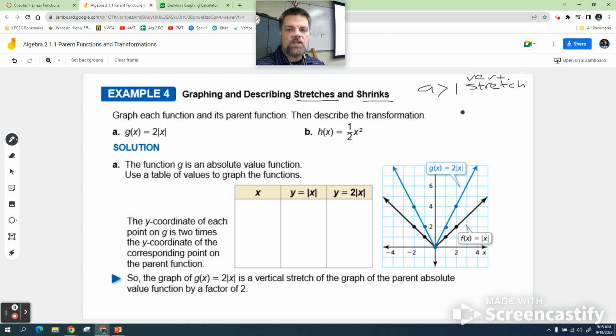So that's a vertical stretch. If A is a fraction between 0 and 1, then it shrinks it vertically.